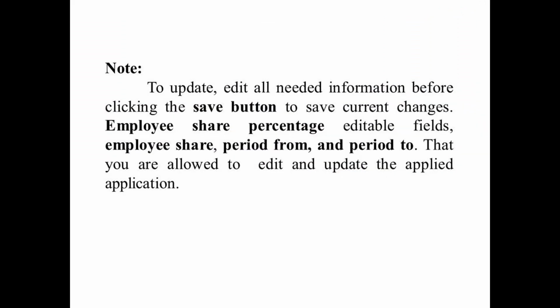Take note, to update, edit all needed information before clicking the Save button to save current changes. Employee share percentage editable fields: employee share period from and period to, which you are allowed to edit and update in the applied application.